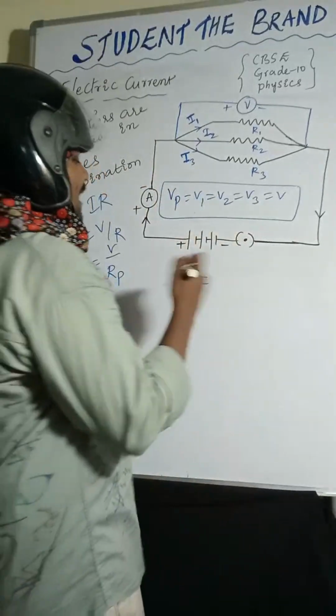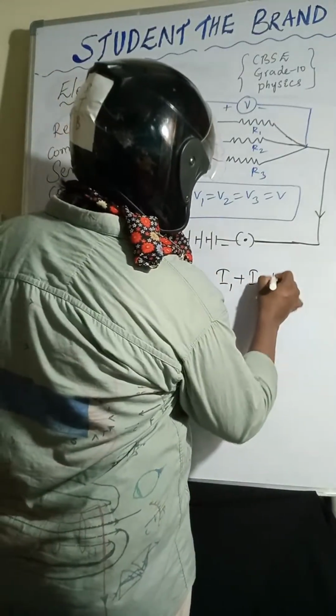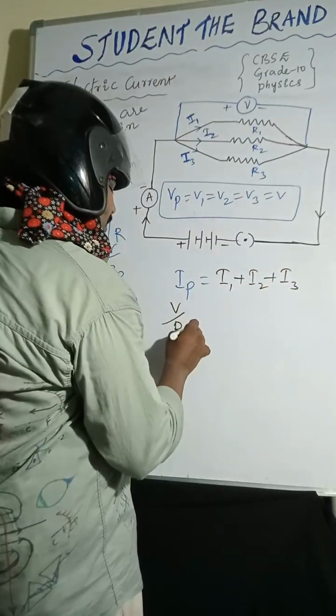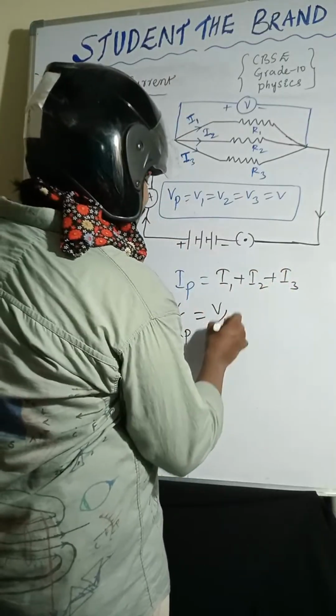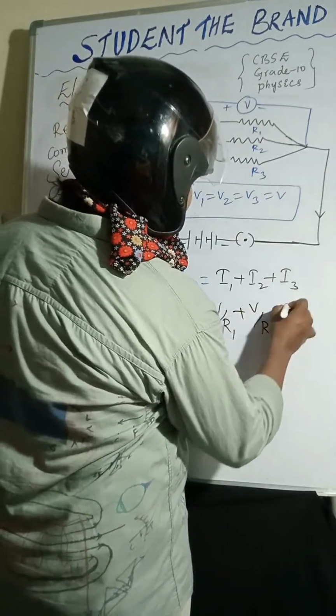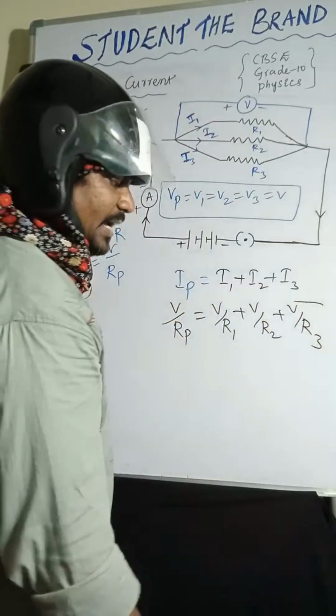That's why Ip equals I1 plus I2 plus I3. So V by Rp equals V by R1 plus V by R2 plus V by R3. Now we can take V common.